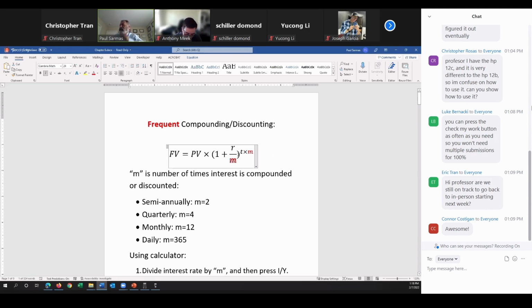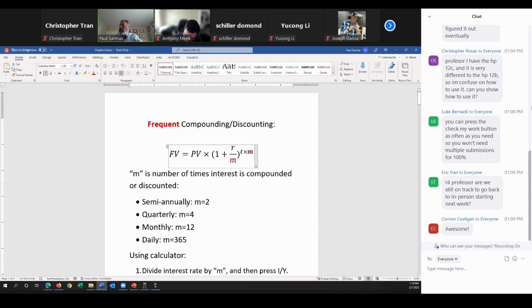And take the period, 5 years, multiply it by 4. And that will take care of it. So you keep the calculator as it is, set up on an annual basis, and adjust the interest rate and the period manually yourself when you input I and N.